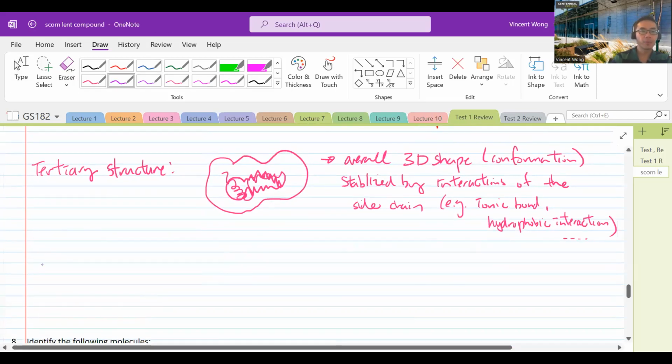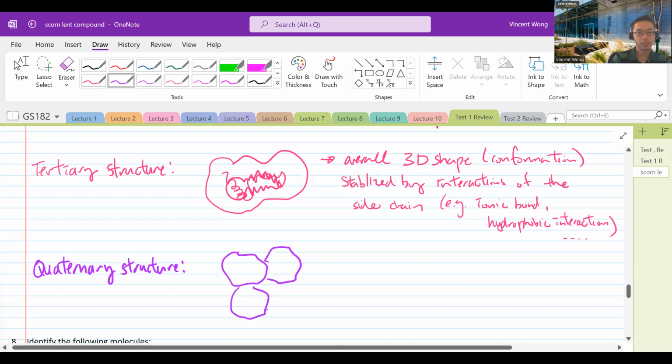Last but not least, we have the quaternary structure. Not all proteins are going to have quaternary structures. Only some will do this. This is when multiple polypeptides come together to form a complex.